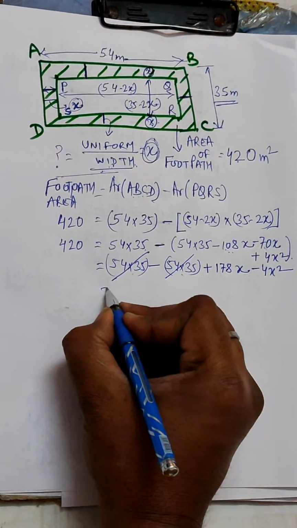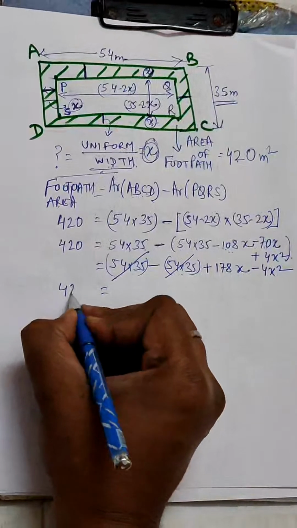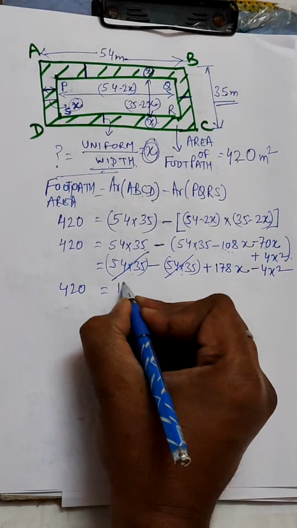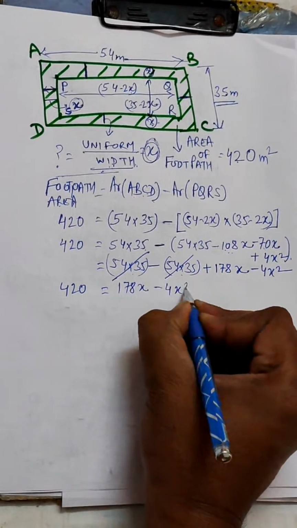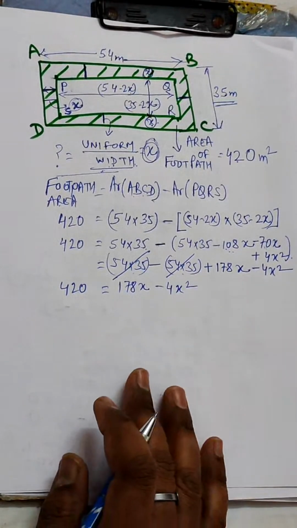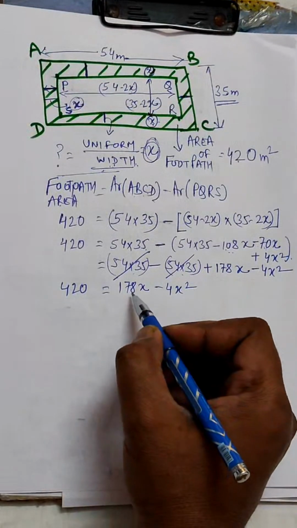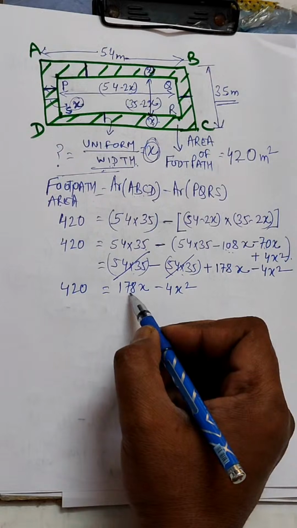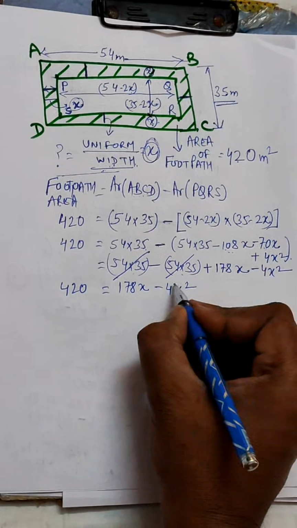So we are left with 420 equal to 178x minus 4x square. Again you can see a quadratic equation is forming. Here something can be taken as common. Let's divide it by 2.